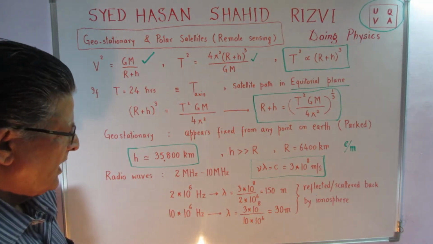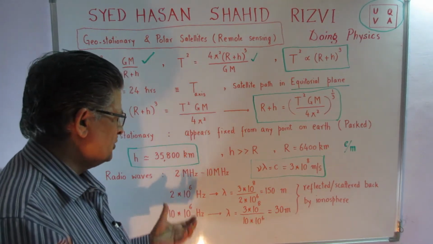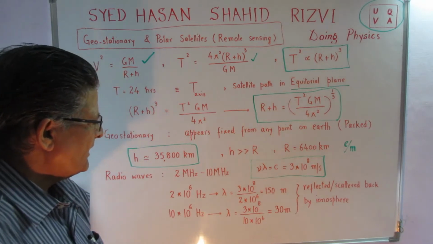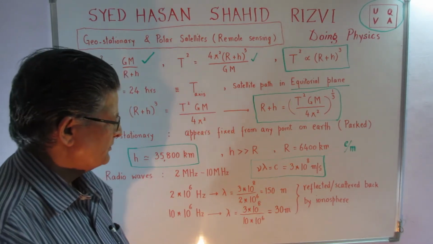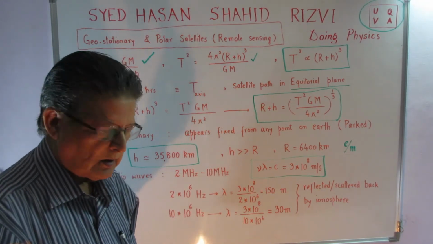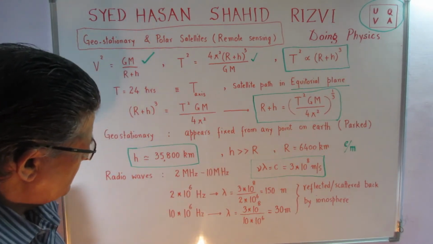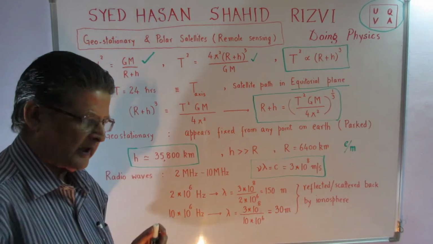Anyway, there are some people who tried waves of larger frequencies. Modulation is the process by which the information is conveyed. The waves are only carriers, and the information is put on the carriers.